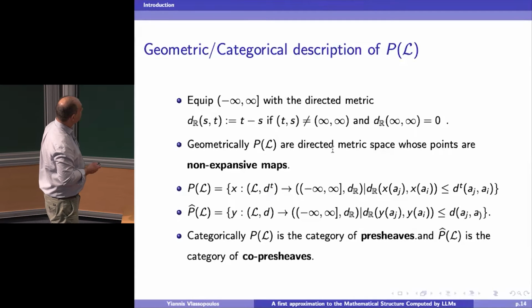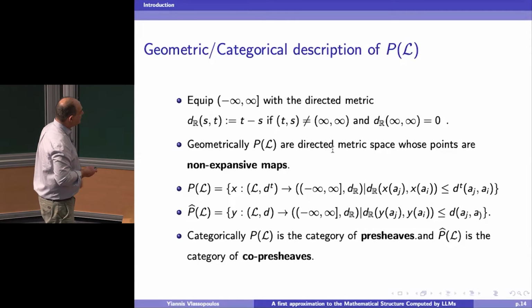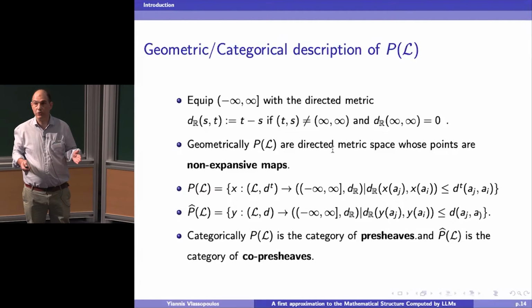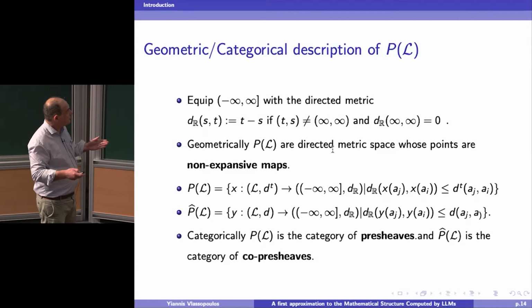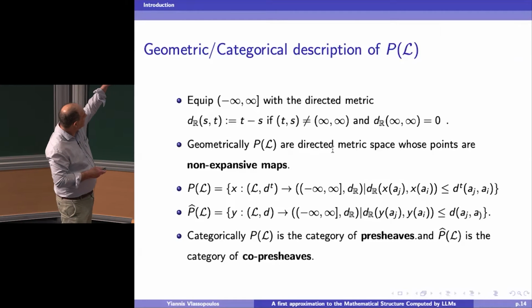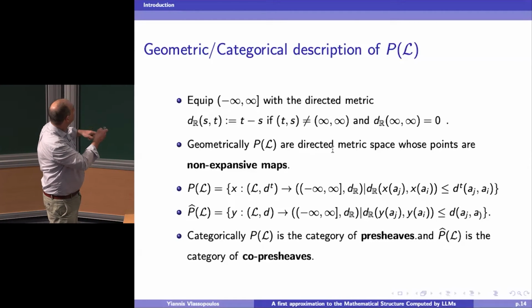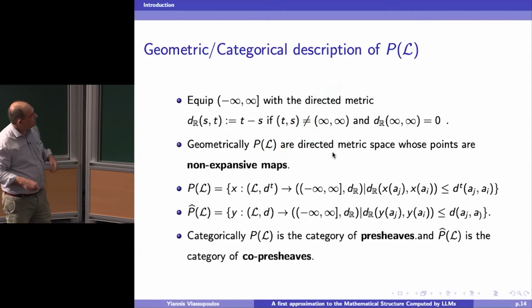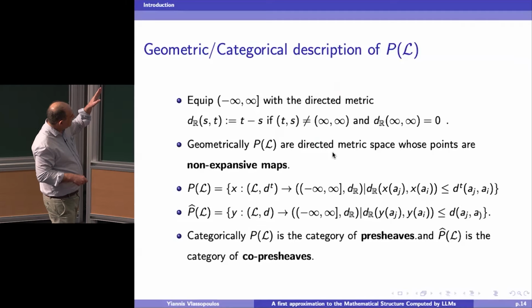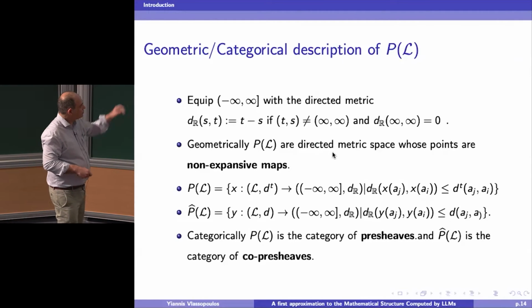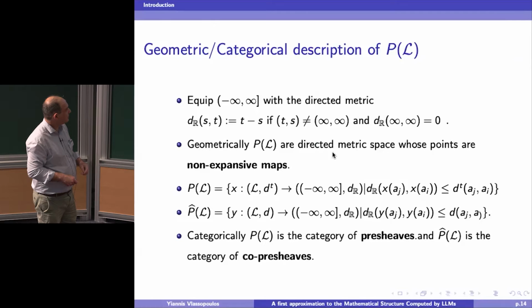So the first thing to show is that these are the elements of P of L. It's not just an arbitrary definition. From a metric point of view, these are precisely the non-expansive maps. If you put this metric on minus infinity, infinity, t minus s basically, then you can check that this is the space of non-expansive maps, so basically contractions, or isometries.